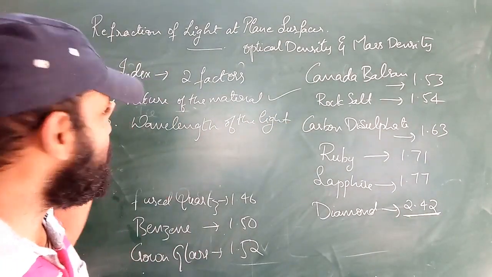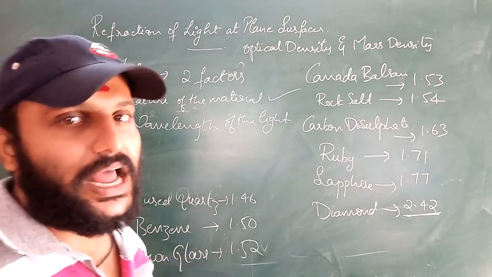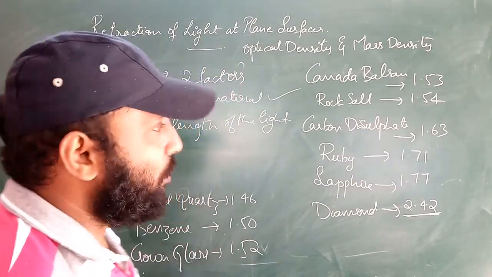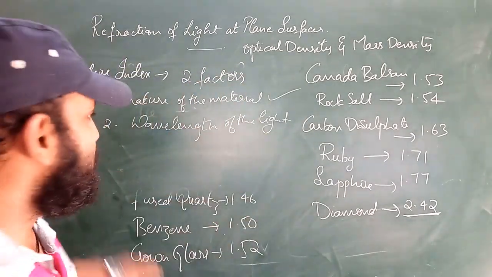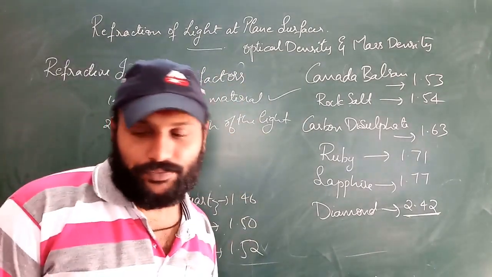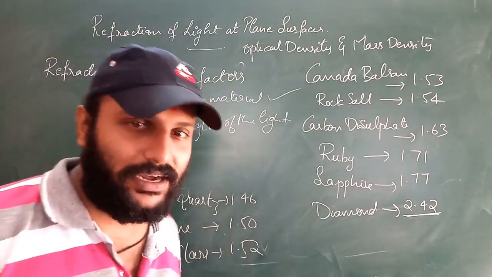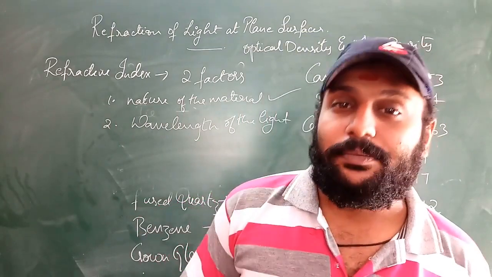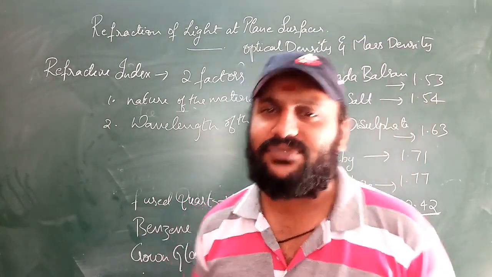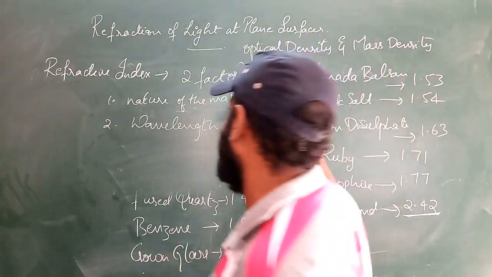Different materials will have different refractive index because refractive index depends on two factors: first one is nature of the material, second one is wavelength of the light. Understood what is meant by refractive index. Refractive index is also called absolute refractive index. Let's see what is meant by relative refractive index.